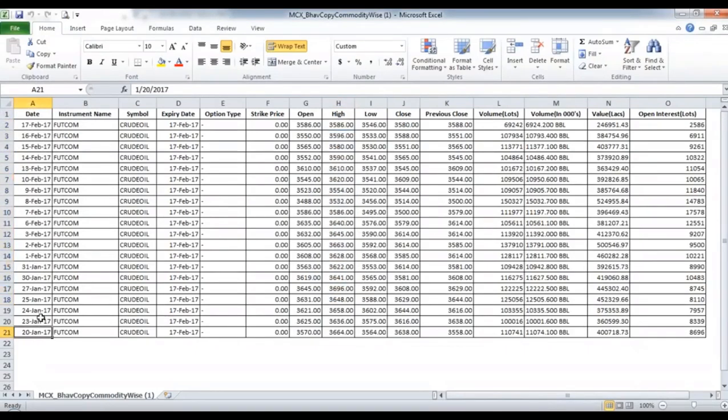Because it's a reverse report actually, if you take it from here, do you see that it was somewhere around 3600, and it was going to the range of 3500, right? So it was actually falling, if you see, correct?